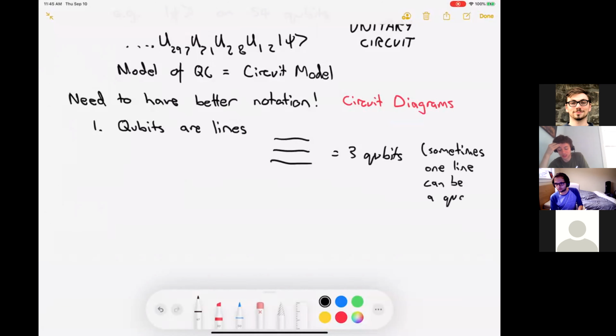It can be a qudit, as it's sometimes called, for some arbitrary dimension d. So you could have 3 qubits all represented in one line. But if you want to treat all your qubits separately and then interact them, then each qubit should get a separate line. Okay?